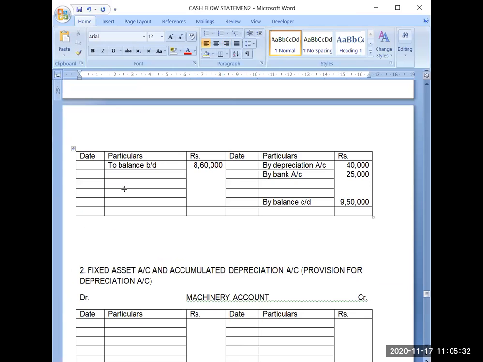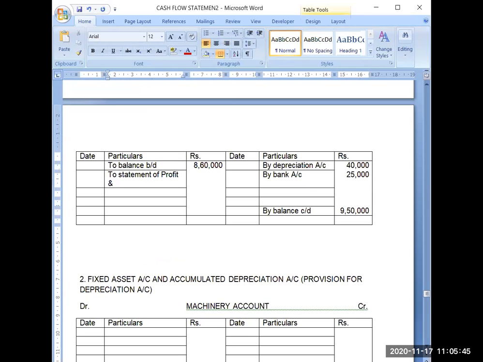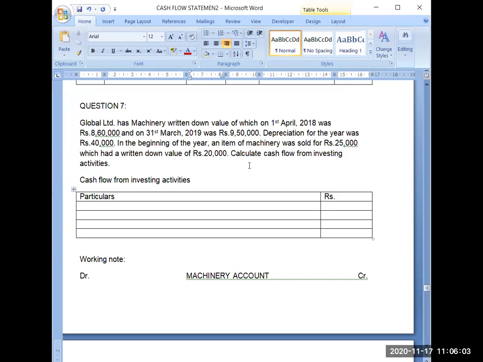That profit has to be written in this account to statement of profit and loss, because in the case of companies the profit and loss account is termed the statement of profit and loss. So the profit earned is 5,000.